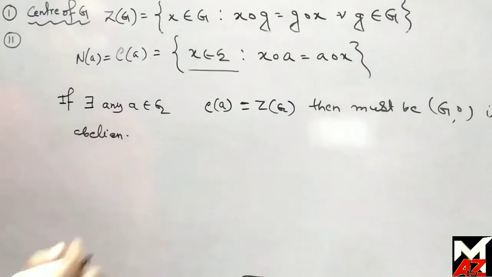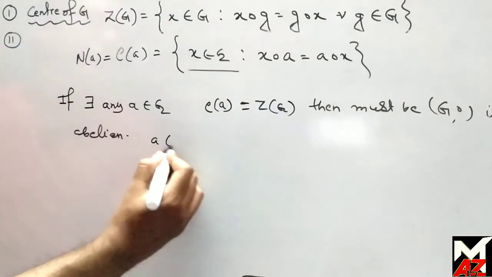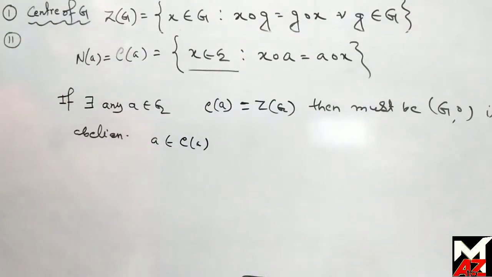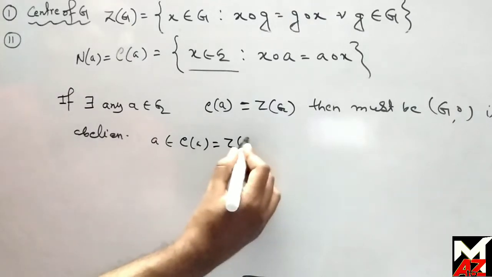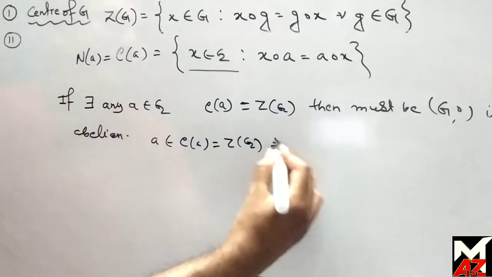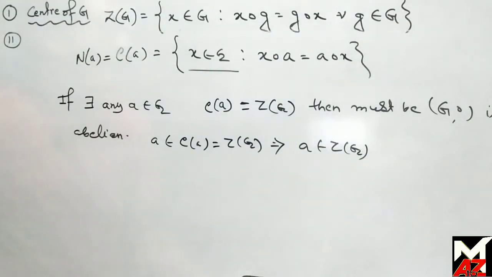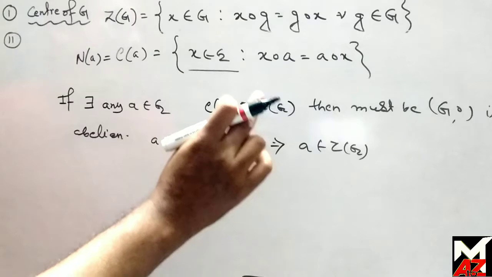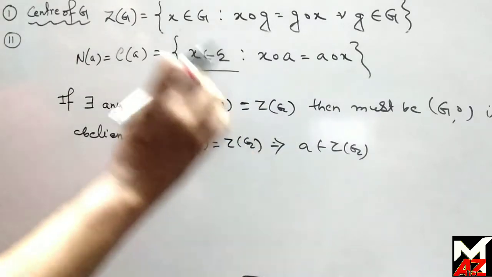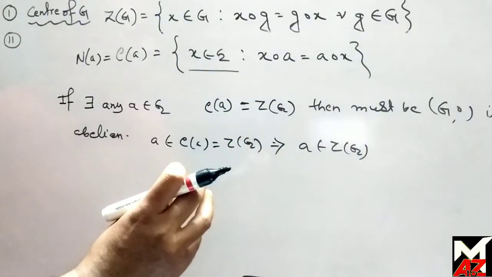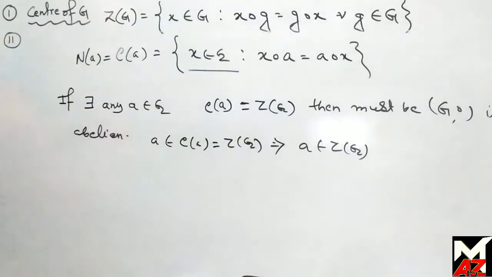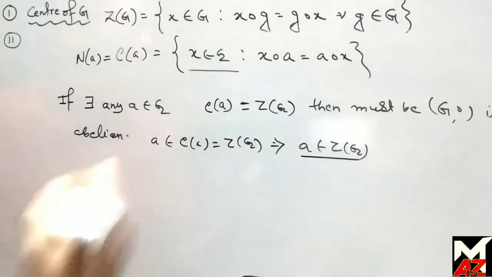Okay, because A belongs to C of A, this is equal to Z of G, and this implies A belongs to Z of G. That is, A commutes with every element of G, right, from this relation.